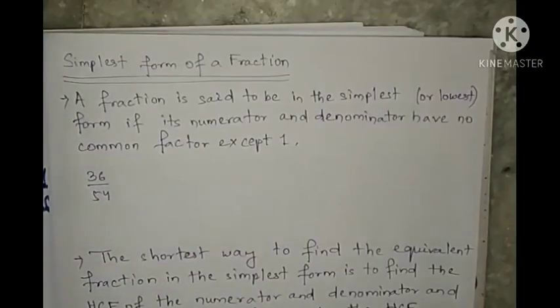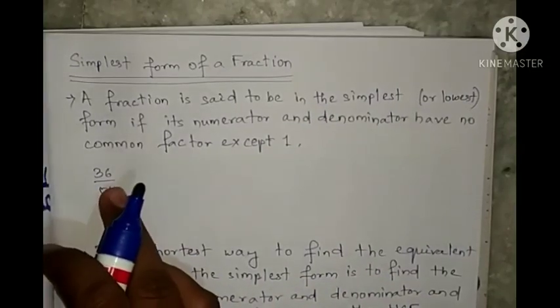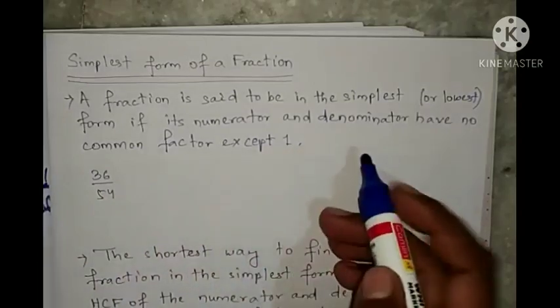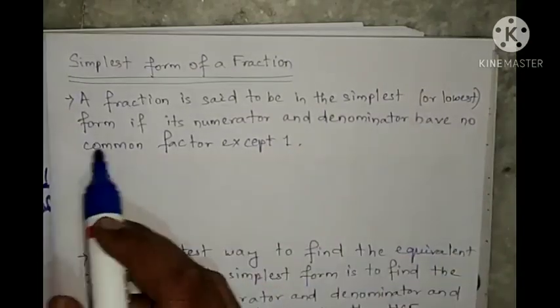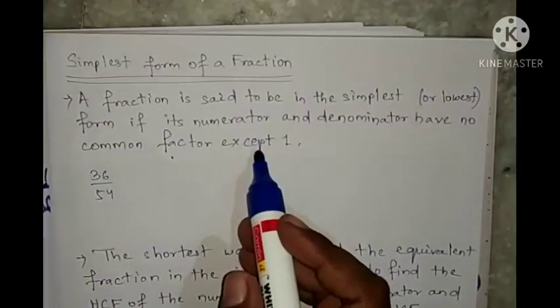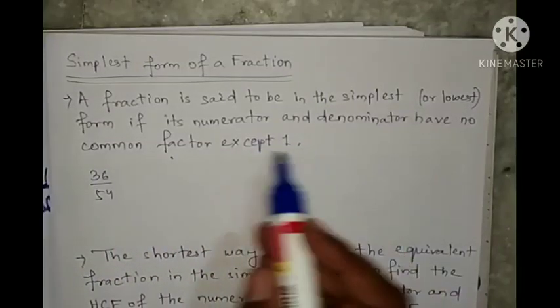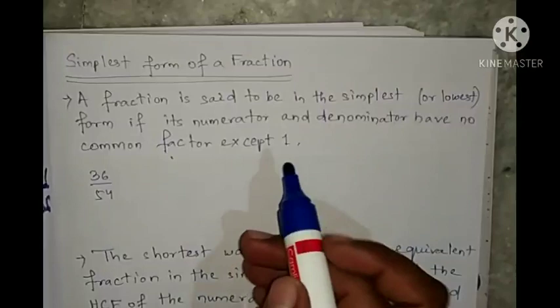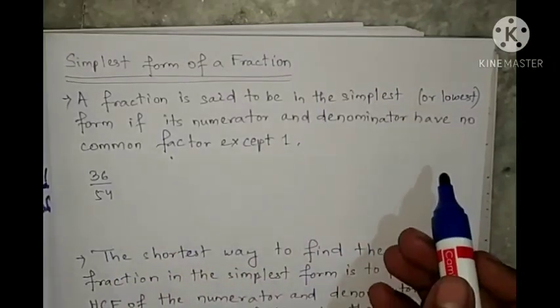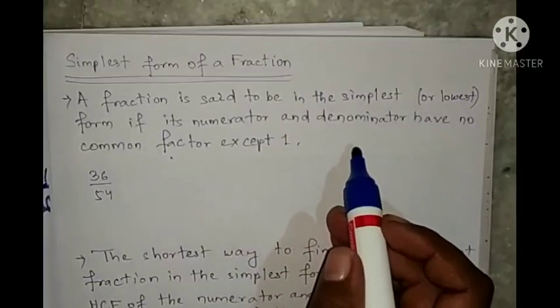Next we will see the simplest form of a fraction. How can we find the simpler form of a fraction? So look here. A fraction is said to be in the simplest or lowest form if its numerator and denominator have no common factor except 1. If they have no common factor except 1, then that is the simplest form of the fraction.